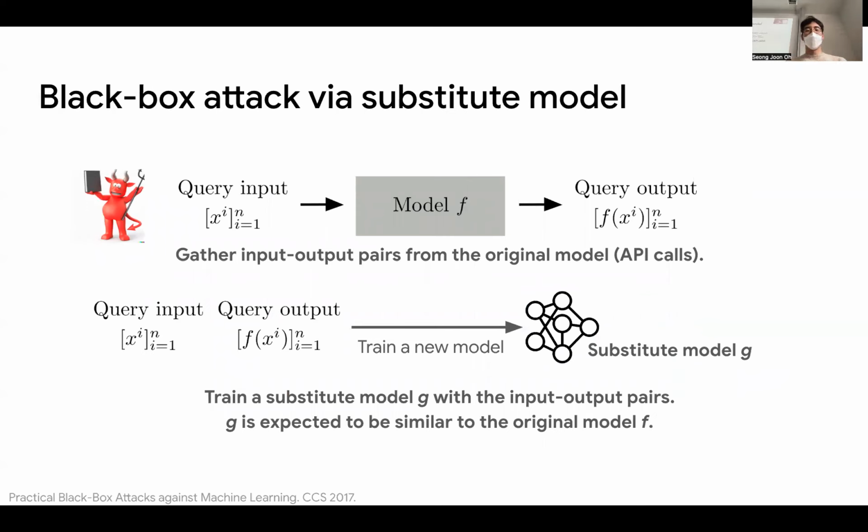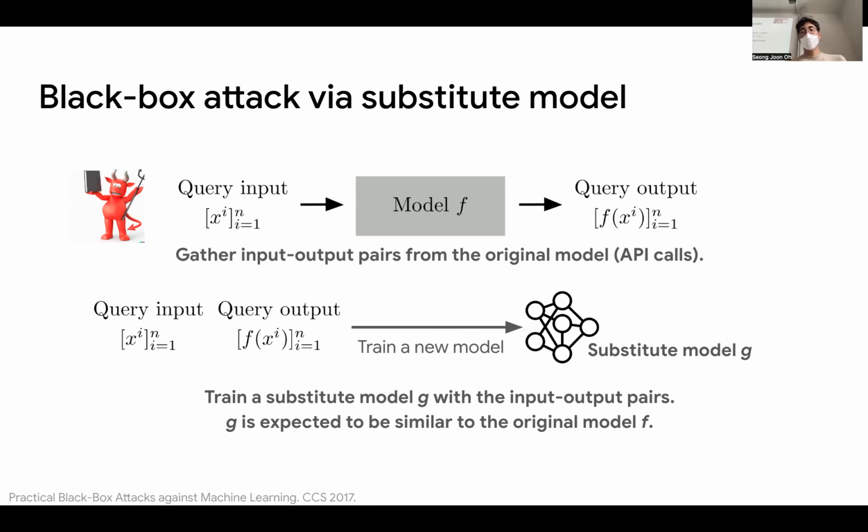There are several stages that you should follow in this case. The first stage is you prepare a set of inputs that you wish to give to the model, right? And then you give them to the model and observe the corresponding outputs. And then you're going to have a lot of input-output pairs in your local computer. Based on the input and output pairs, you train a new model, ideally trying to follow the same architecture as the target model. For example, if you know that the target model is using a transformer, then you probably wish to also use a transformer model.